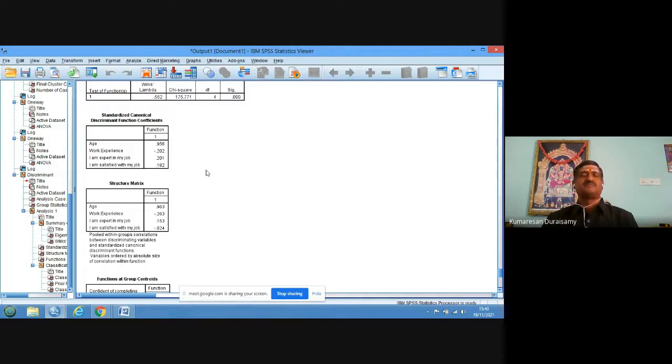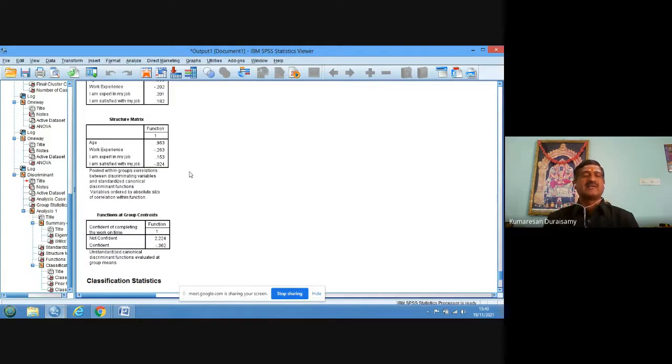That means the confidence level is influenced by age to the extent of 95%. Work experience negatively affects the confidence by 0.202. Expertise has a positive impact of 0.201, and satisfaction a positive impact of 0.182.